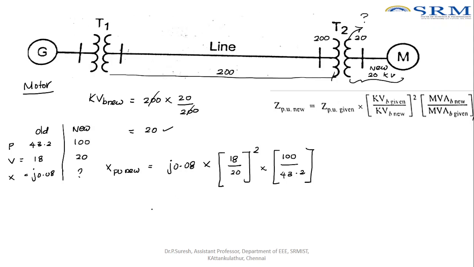So once it is calculated, the value comes around J 0.15 per unit. So for all the components, we calculated the X per unit values.